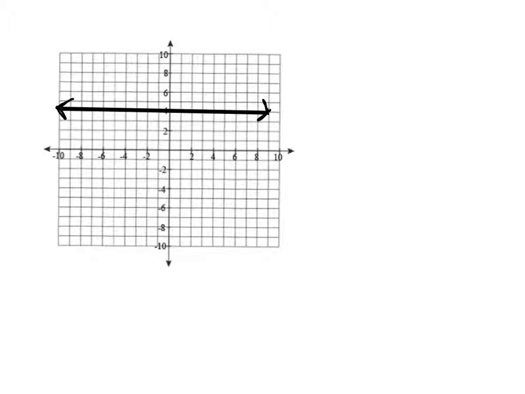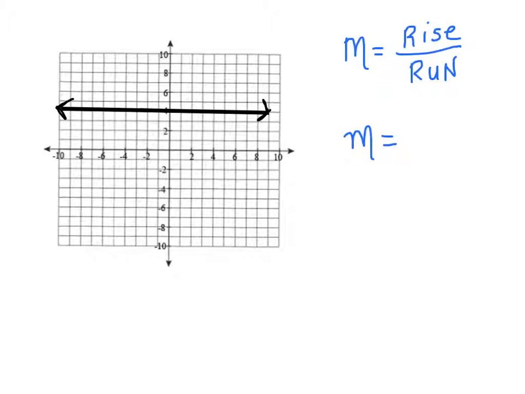Okay, what about a horizontal line? We said we were going to talk about horizontal and vertical lines. Well, let's think about a horizontal line in terms of rise over run. So the slope is equal to rise over run. So in a line that's horizontal, all it does is go from side to side.